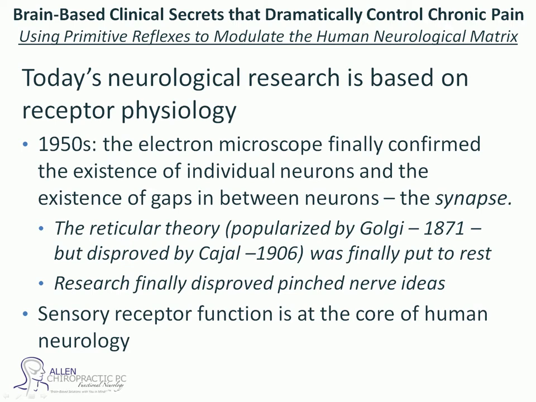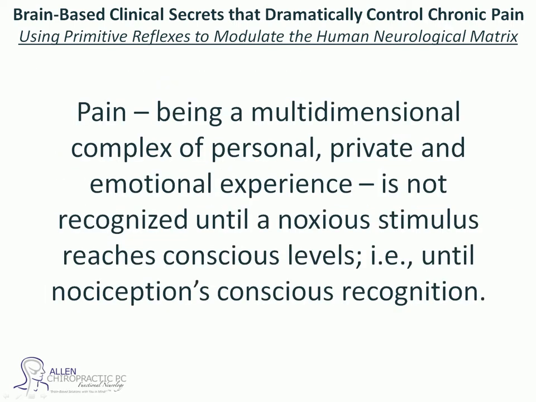So pinched nerve theory is no longer an important and viable idea based on joint motion. Sensory receptor function is now at the core of human neurology. So we're going to talk more about sensory receptor function.